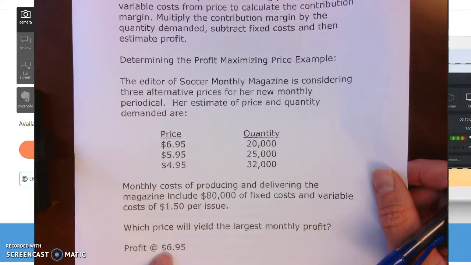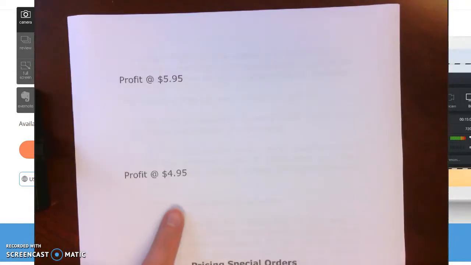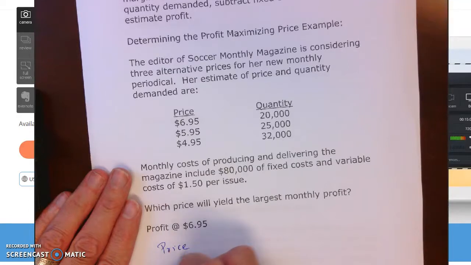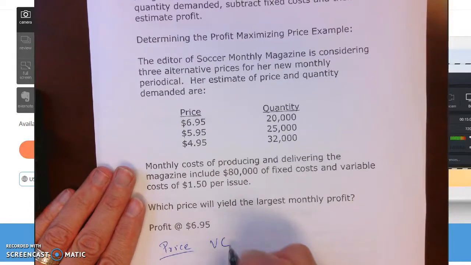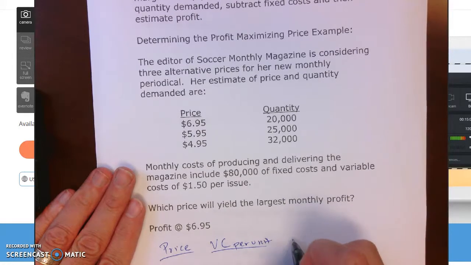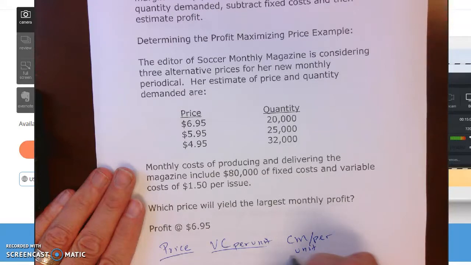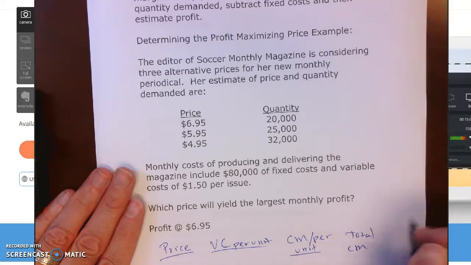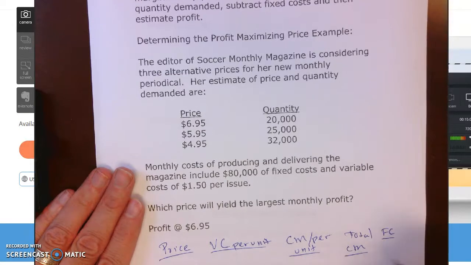Well, we can see we have a price of $6.95, a price of $5.95, and a price of $4.95. So let's go ahead and take a look at these. The easiest thing to do is come over here and say price, and then we can say our variable cost per unit, and our contribution margin per unit. And then our total contribution margin, fixed costs, and profit.